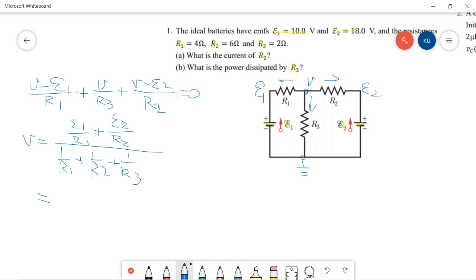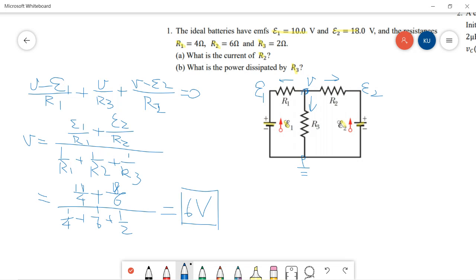And then we plug in all the numbers: 10 over 4 plus 18 over 6, over 1 over 4 plus 1 over 6 plus 1 over 2. So the answer is 6 volt. Not part A yet, because it is only the voltage.